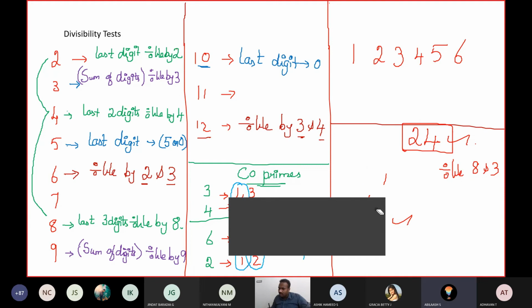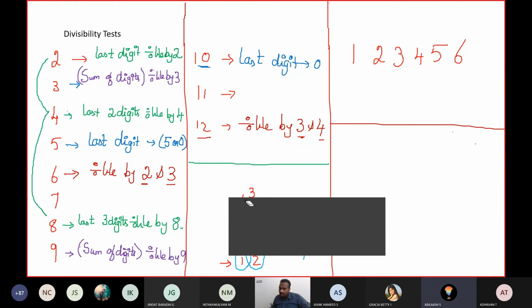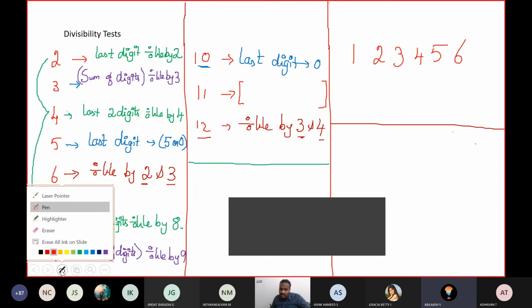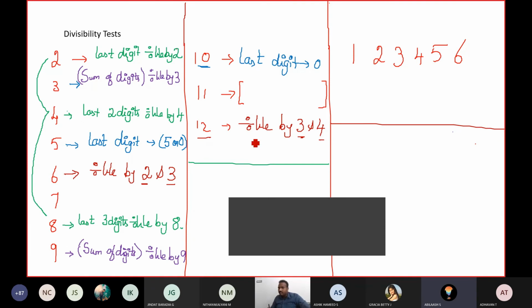So moving on. Let's say, what is the divisibility rule of 11? How will you check whether the given number is divisible by 11 or not?